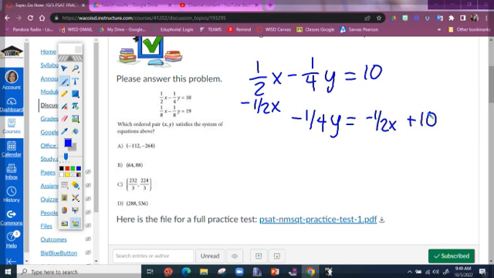Y'all remember doing that? And that would divide by negative 1/4. But when you divide a fraction, that means you're multiplying by its reciprocal. Does that ring a bell? You flip the fraction. Keep, change, flip. So I'm actually multiplying by negative 4. And that cancels this out.